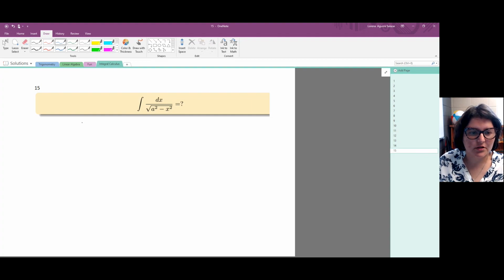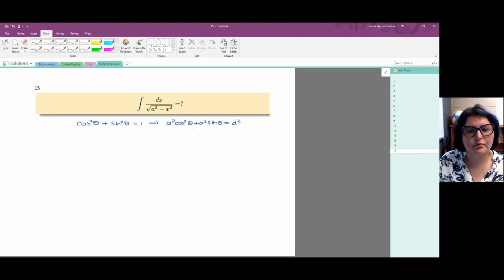We have cosine squared of theta plus sine squared of theta equals 1. So when we multiply everything by a squared, we get a squared cosine squared of theta plus a squared times sine squared of theta equals a squared.